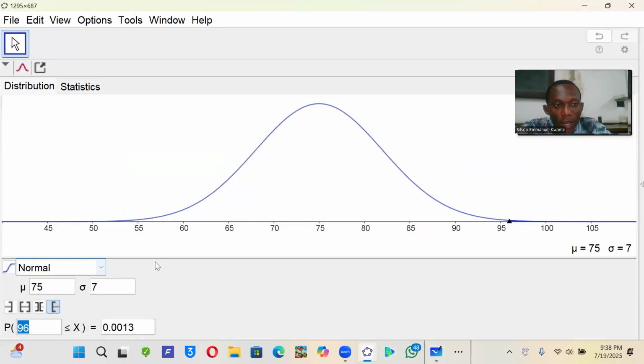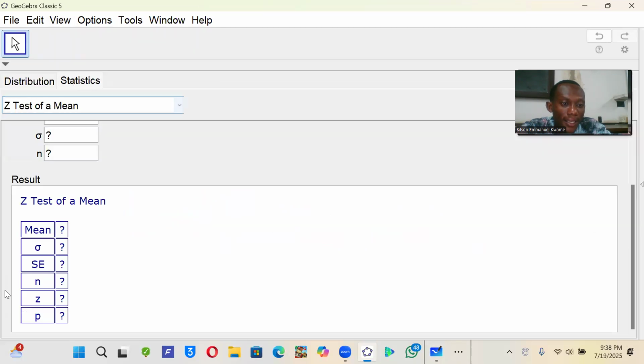So what else do you have to know? That is what I took you through, right? Then maybe let's explore. When we come here, you can get the statistics, the z-test of mean, right? So when you come here, you just have to type in your mean, 75, the mean from the question.